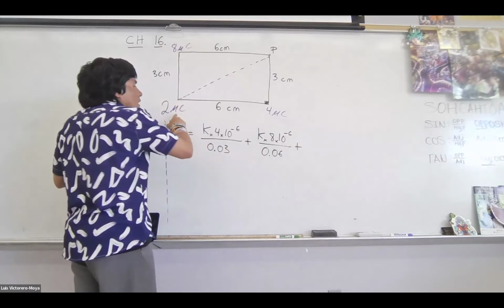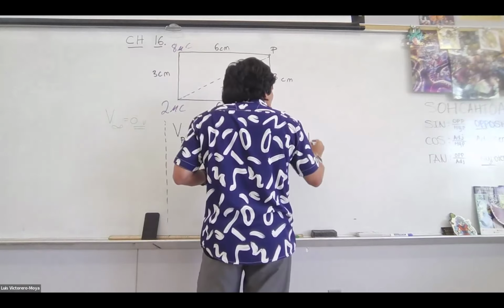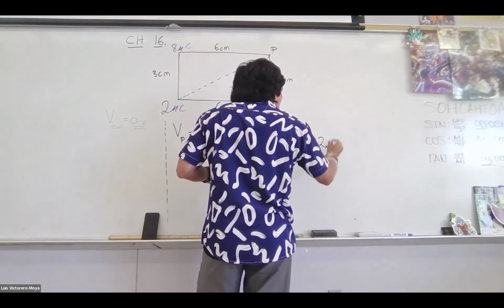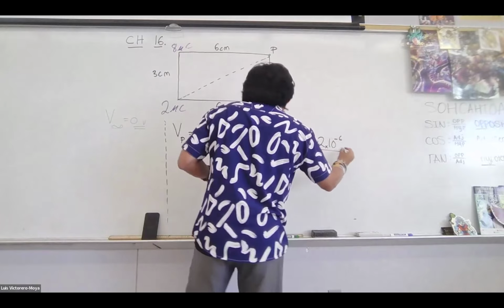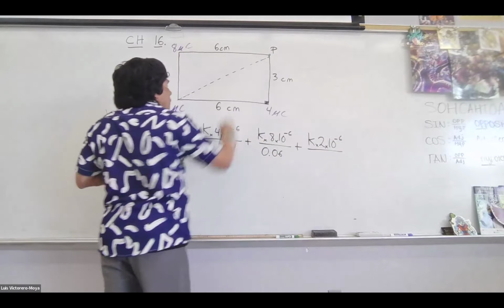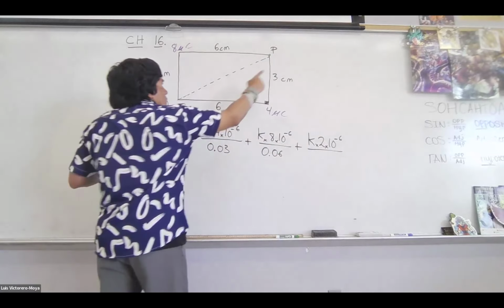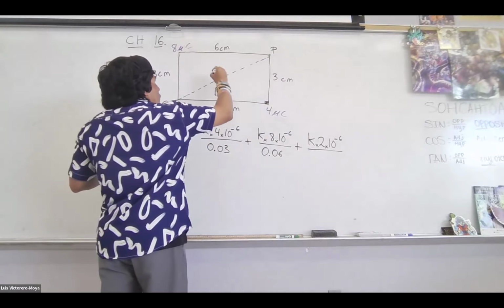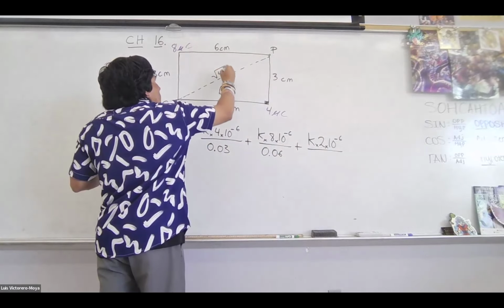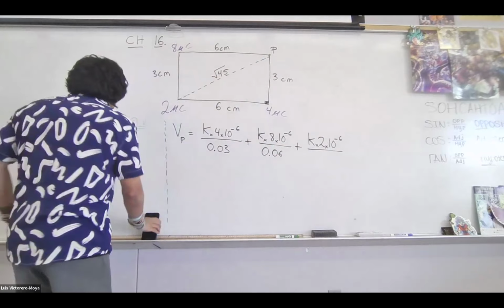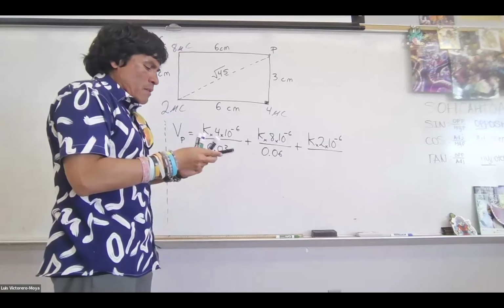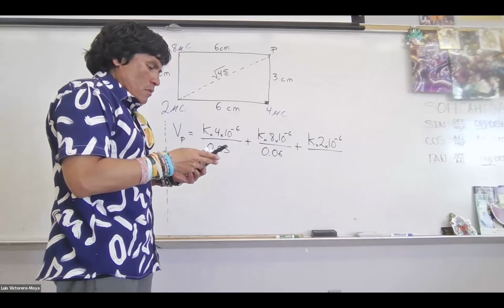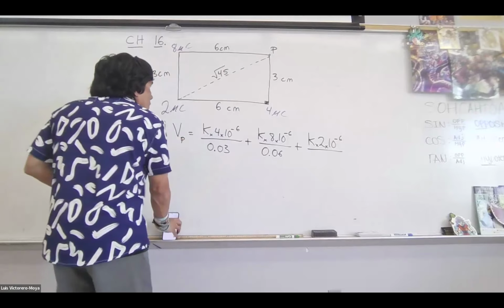And then I have this charge, now that's 2. But what's the distance? I need the hypotenuse. 6 squared, 36. 3 squared is 9. A square root of 45. It's approximated. Should be around 7 point something. Oh, sorry, 6.7. So 6.7.